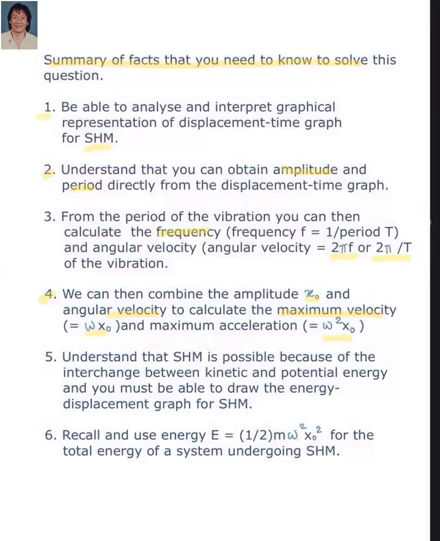Number five, understand that simple harmonic motion is possible because of the interchange between kinetic and potential energy, and you must be able to draw the energy-displacement graph for simple harmonic motion. Number six, recall and use energy equals half m omega squared x0 squared for the total energy of a system undergoing simple harmonic motion.